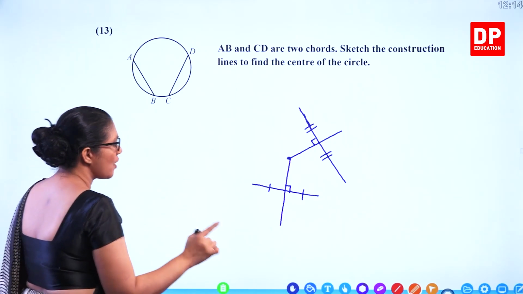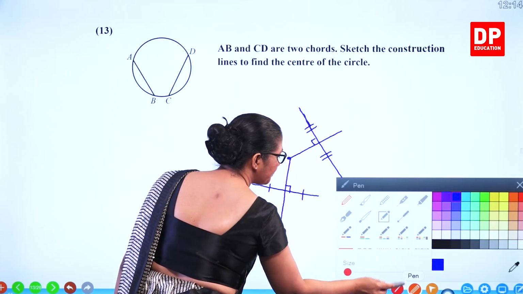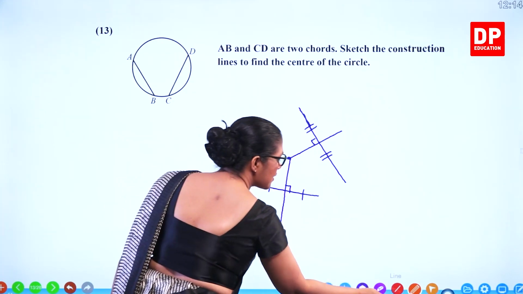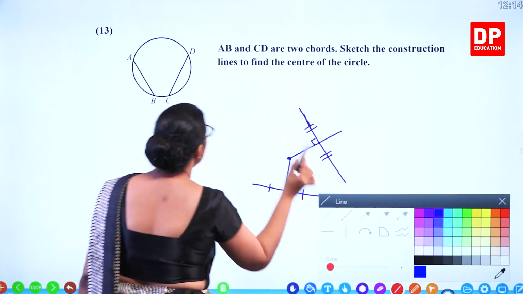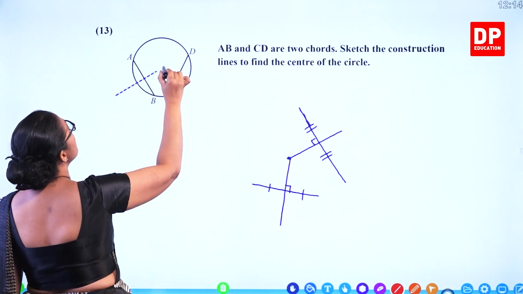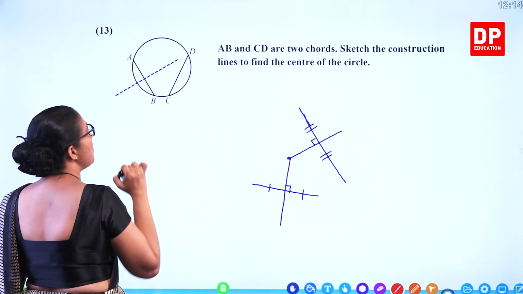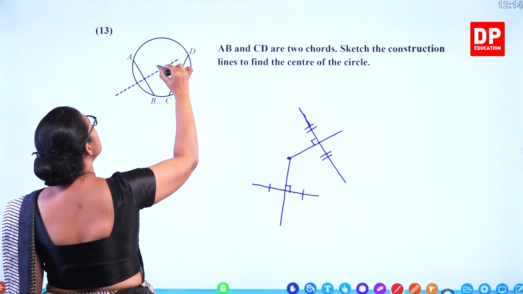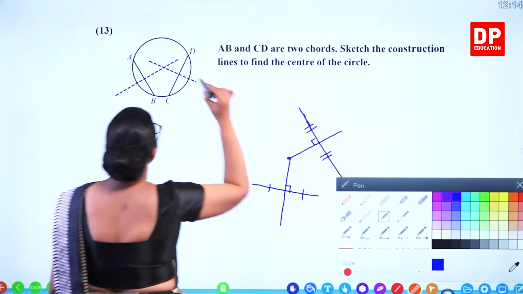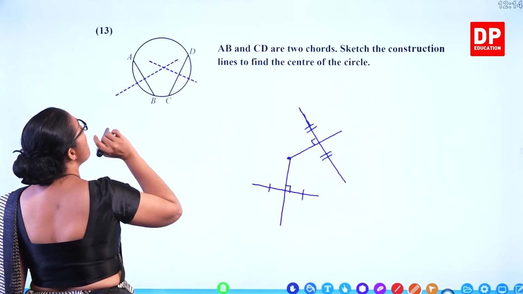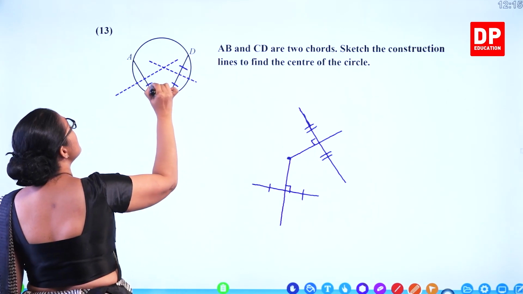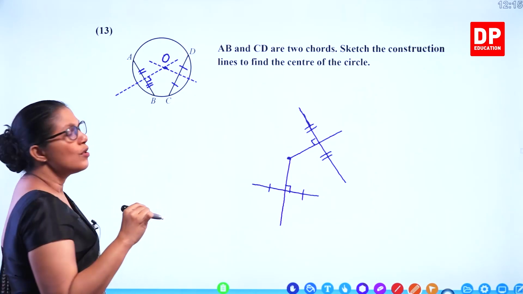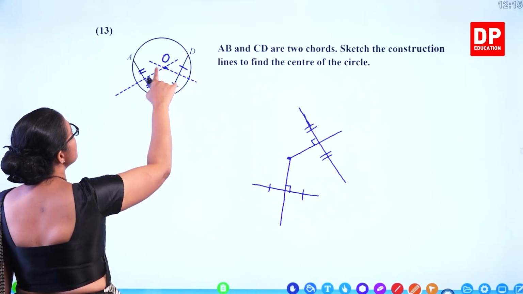So what you do? You take the compass. You can draw the perpendicular bisector. So I'll draw the perpendicular bisector here for A and B. Then you can draw the perpendicular bisector for C and D. Intersecting point of the two perpendicular bisectors is equal to the center. So you have to mark this as center.